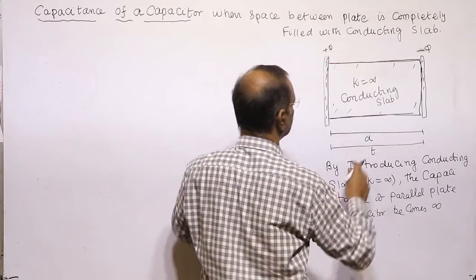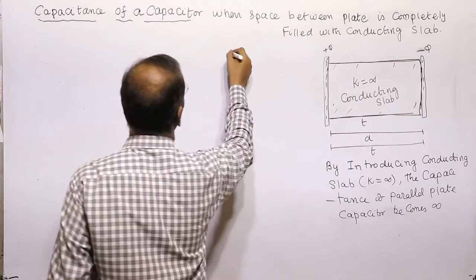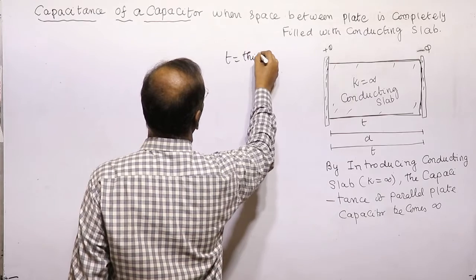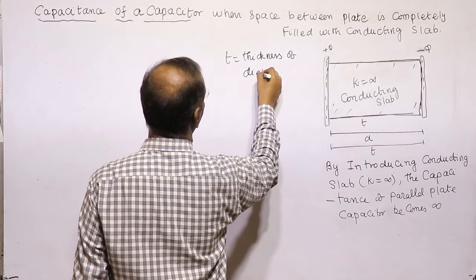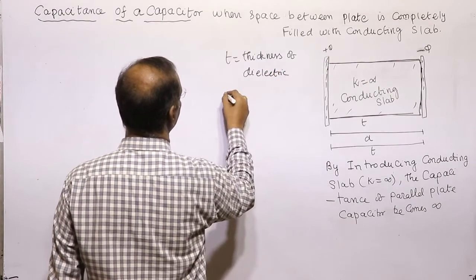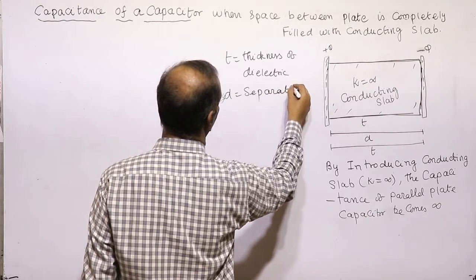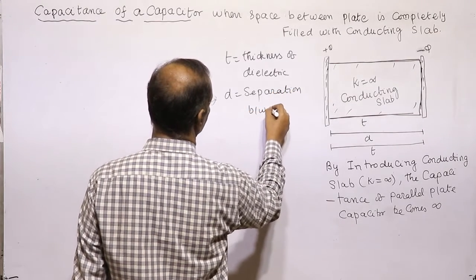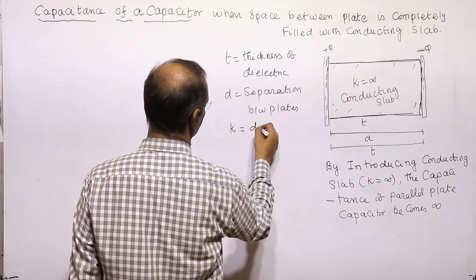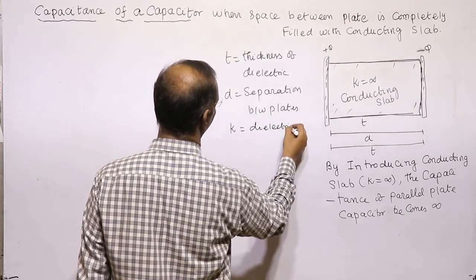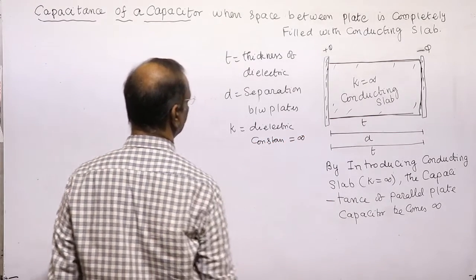It means here this is T, the thickness of the dielectric, and D is the separation between the plates, and K is the dielectric constant, which is equal to infinity.